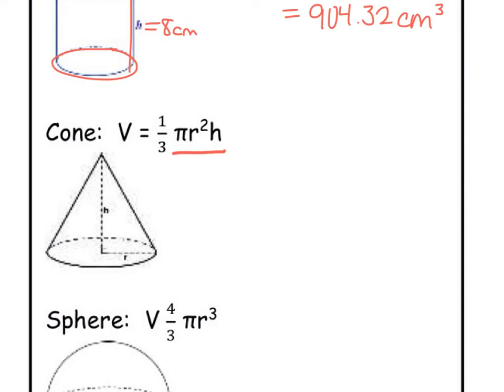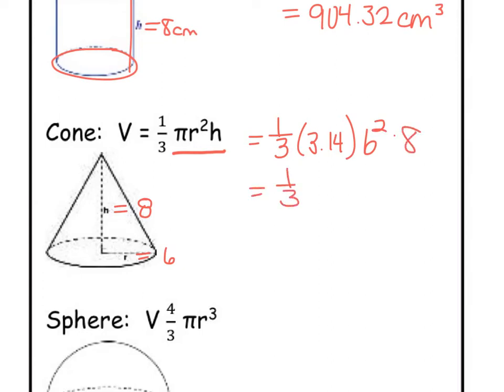If we're going to find the volume of a cone, it's the same thing. We're going to assume that this cone has the same height as that cylinder, and the radius is also 6 centimeters. So it is 1/3 times the volume of the cylinder. In this case, it's 1/3 times 3.14 times the radius squared, which in our case is 6, times the height, which is 8.